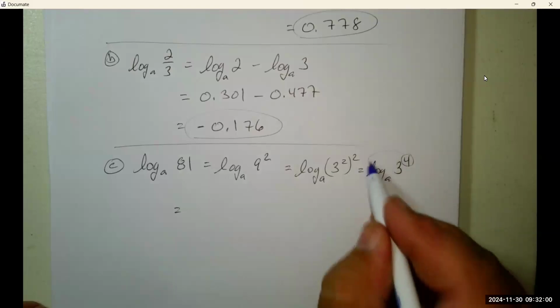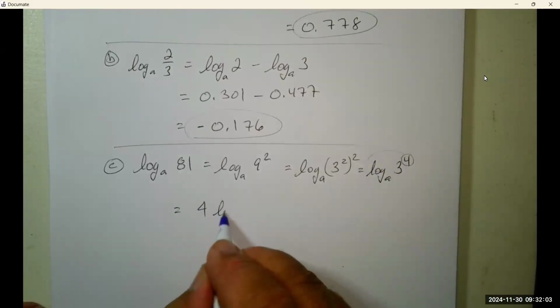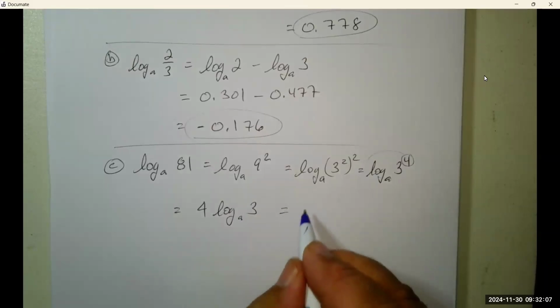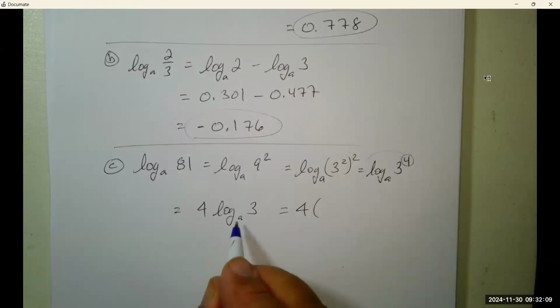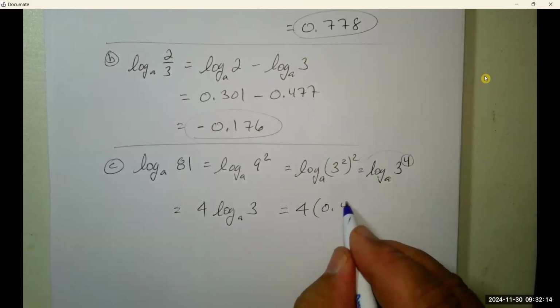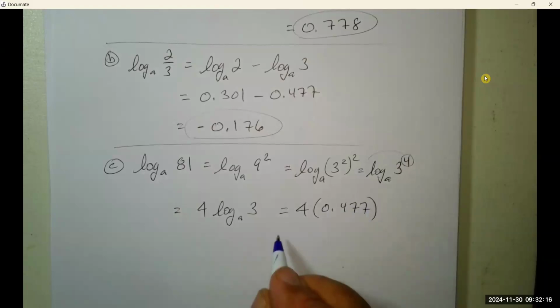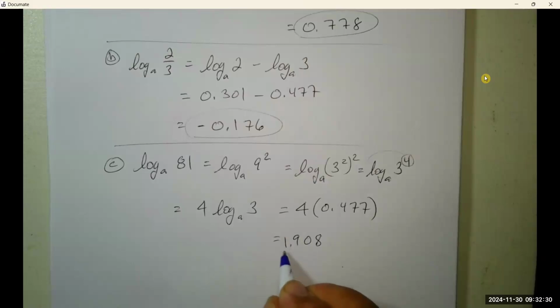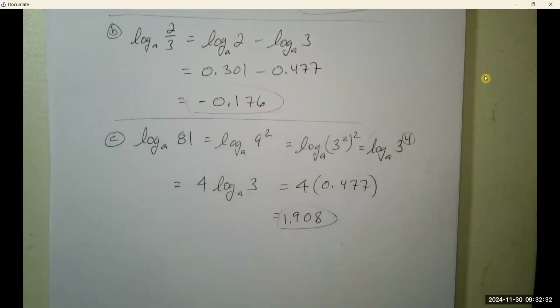The power comes down, so it's 4 times log base a of 3. Log base a of 3 is 0.477 times 4. So it equals 1.908.